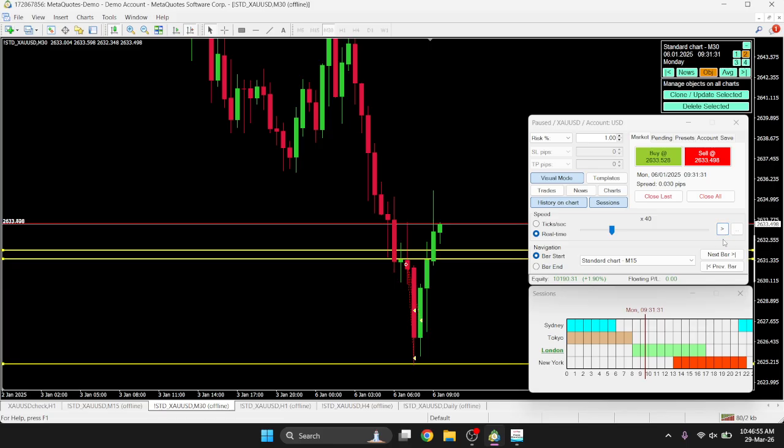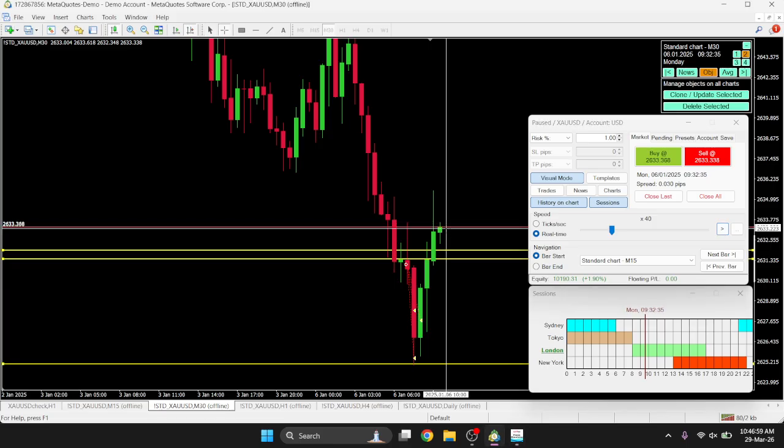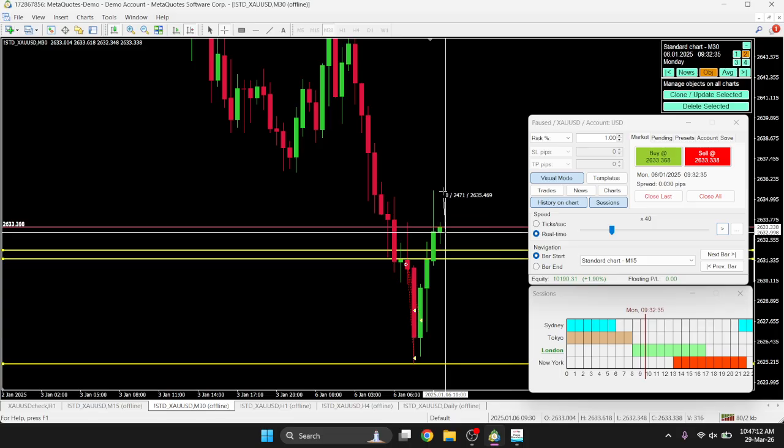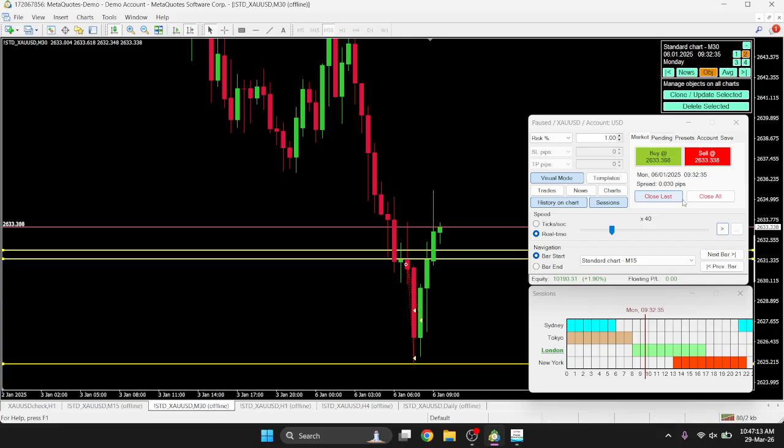If it comes back to the open price, maybe I'll take this, and my SL will be somewhere around 11 pips, and my TP somewhere there, 24 pips. Let me mark it.